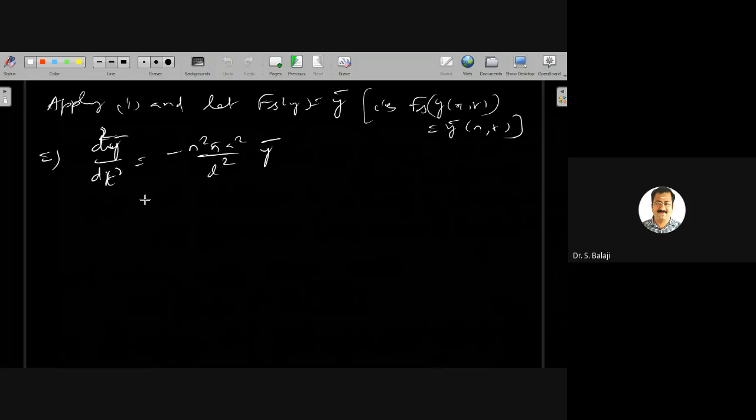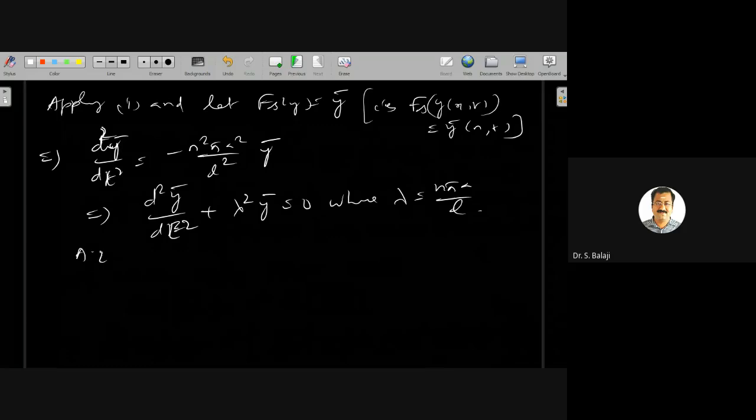For our convenience, take it as d square y bar by dt square plus lambda square y bar equal to 0, where lambda equal to n pi a by L. The auxiliary equation is m square plus lambda square equal to 0, so m equals plus or minus lambda i.